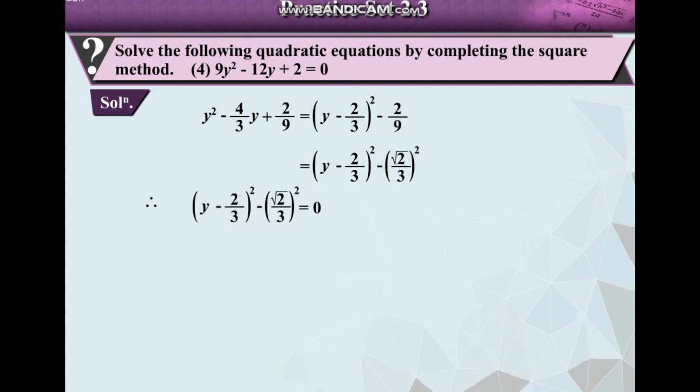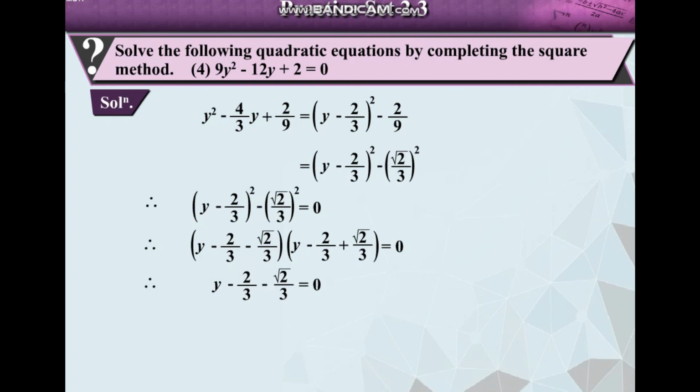Therefore, y minus 2 upon 3 the whole square minus root 2 upon 3 the whole square is equal to 0. Therefore, y minus 2 upon 3 minus root 2 upon 3 multiplied by y minus 2 upon 3 plus root 2 upon 3 is equal to 0.